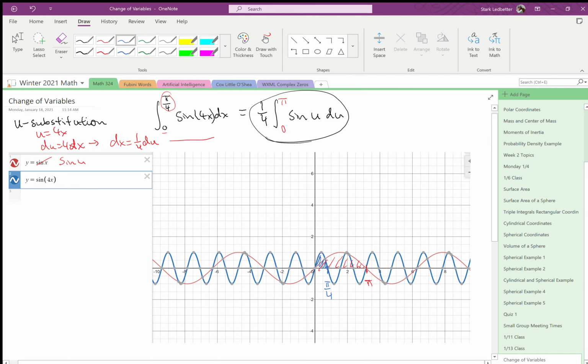So I'm just going to find the red curve, and then I realize from this line that every time I go up a little bit in x, I'm going up 4 times as much in u. So my space is stretched out by a factor of 4. So that's what this fraction 1/4 is doing. It's fixing the area under the red curve to equal the area under the blue curve. It doesn't have to be area, but area is an easy visual thing that can help us understand this.